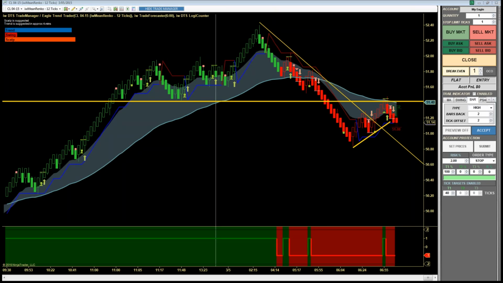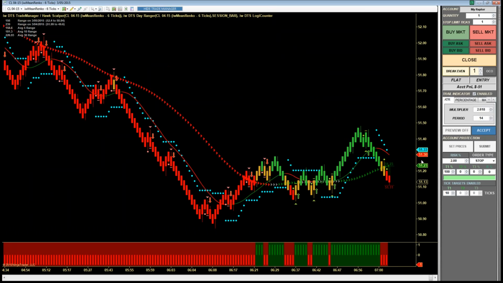And on the hawk, we're also getting a possible red bar buy, which we could set up to sell also. So we're getting a couple of confirmation signals here on crude oil that it might be getting ready to head lower. I want to see this red bar buy actually print a signal, however, before I get too serious about selling it.